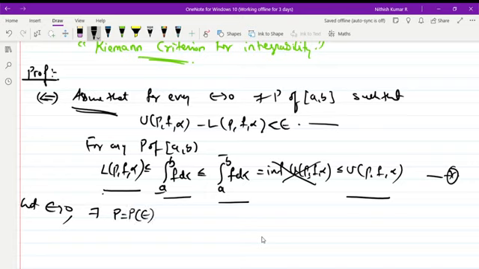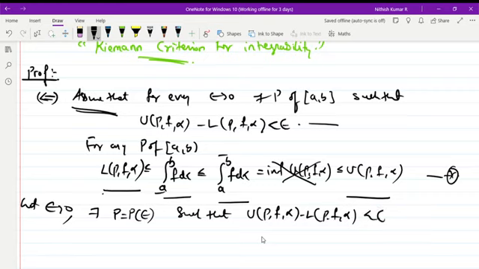So there exists P equal to P of epsilon such that, by the given assumption, U(P, f, alpha) minus L(P, f, alpha) is less than epsilon. We name this as double star.